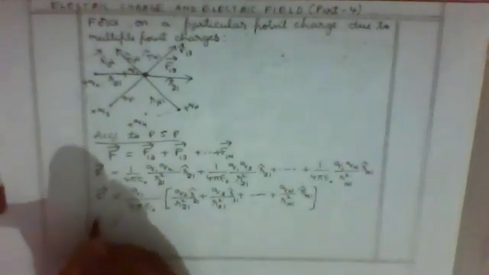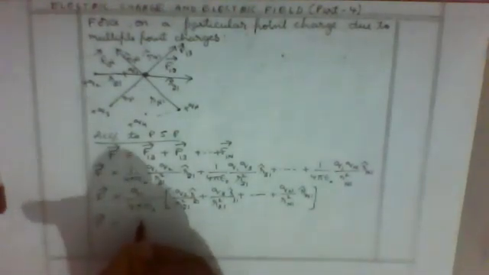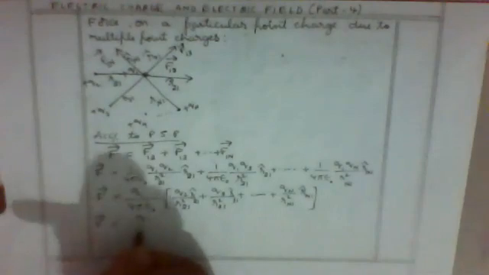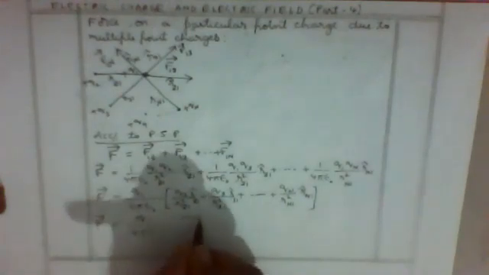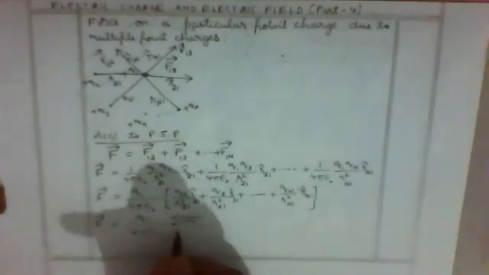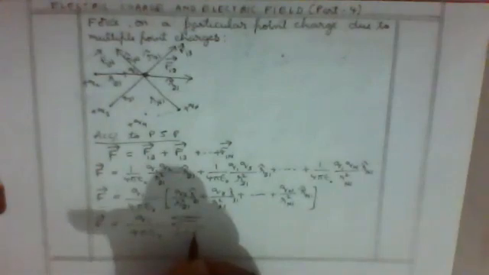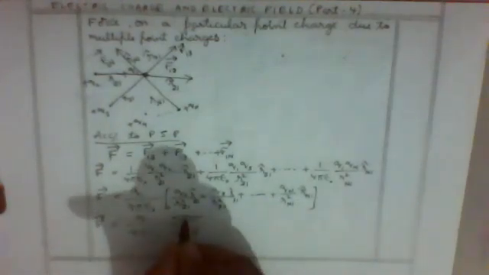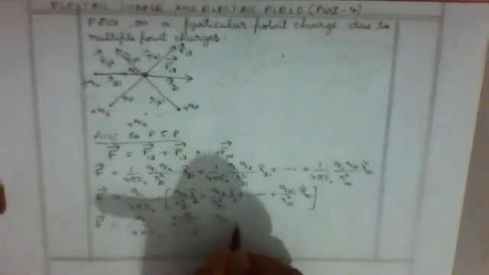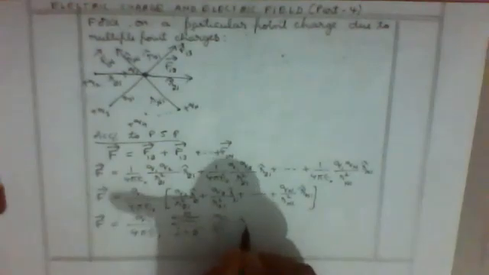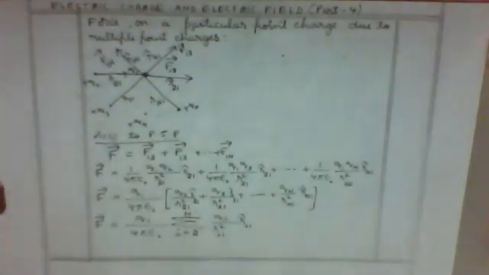So F vector is equal to Q1 divided by 4 pi epsilon naught, summation of i equal to 2 to n, Qi divided by Ri1 square into Ri1 cap.